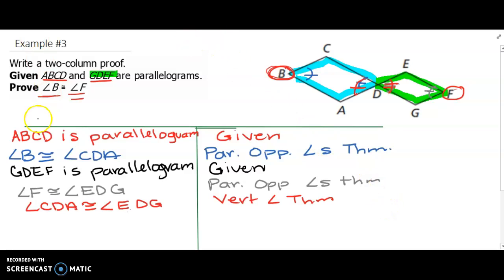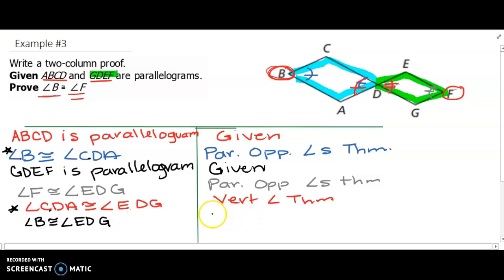Okay, well, now let's look. If I put this and this together, so if angle B is congruent to angle CDA, and angle CDA is also congruent to angle EDG, I can say that angle B is congruent to angle EDG by the transitive property of congruence.